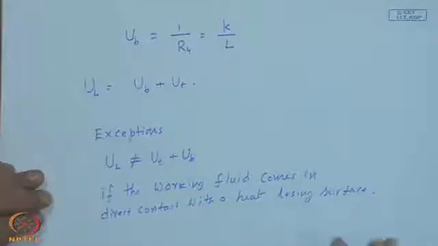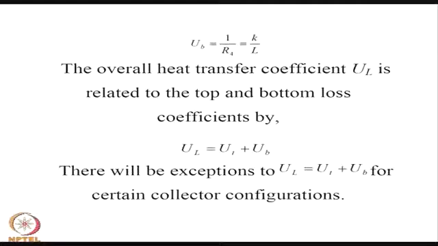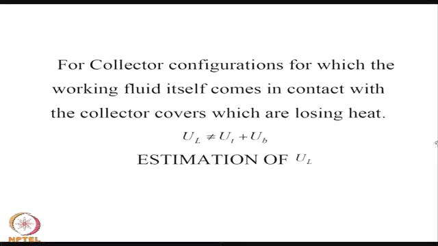In other words, all that is being considered as UT is not a loss, a part of it is going to the fluid also. So, we shall come to that type of collector configurations little later, at least one of them.